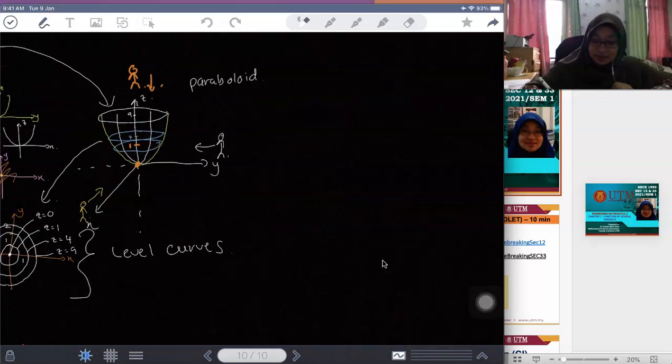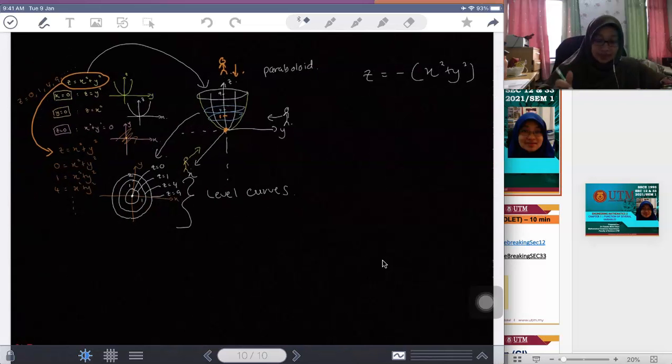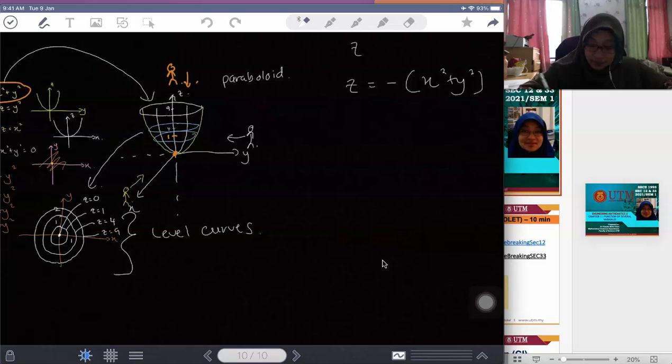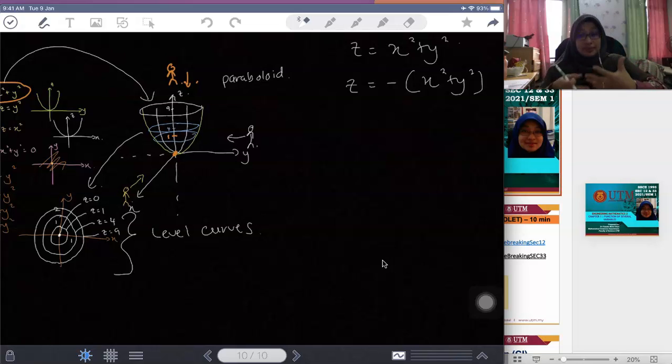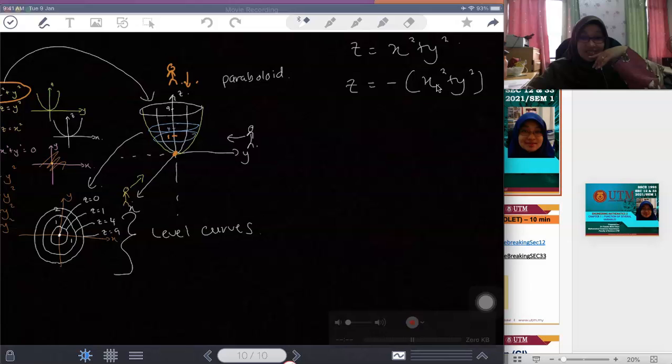Okay, so now let's see. In the exam, I'm asking you to sketch z equal to negative x squared plus y squared. So now compare with what we have done just now, z equal to x squared plus y squared. What is the shape of this new equation that I gave you? Without resketching, just think, and then convert it on the graph.